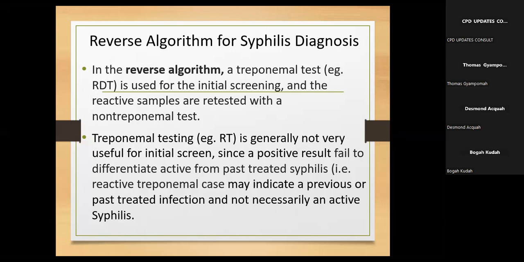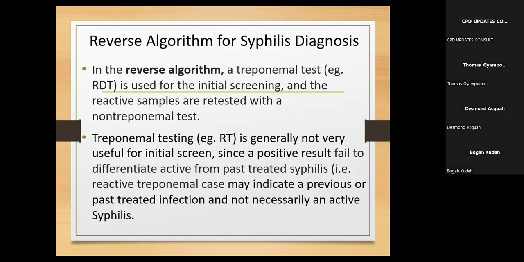So reverse would be, instead of doing the treponema or confirmation as your second one, you are using the confirmation as your first line. Use it as a first line, and once it is positive, you go back and do the screening one. That's all. So the word reverse should explain itself.